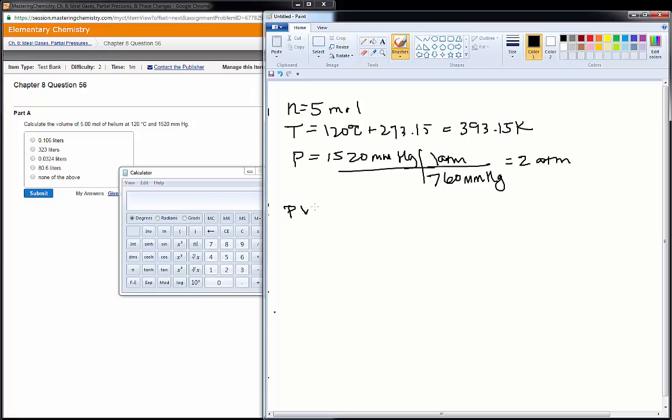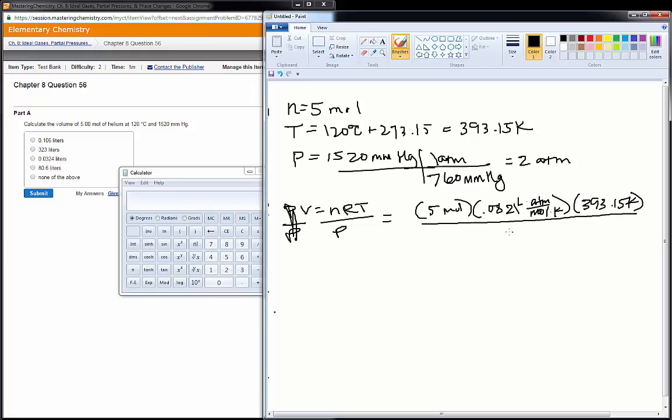They want volume. Solve for volume by dividing both sides by P. We get 5 moles times 0.0821 liter atmospheres per mole Kelvin, and 393.15 Kelvin over 2 atmospheres.